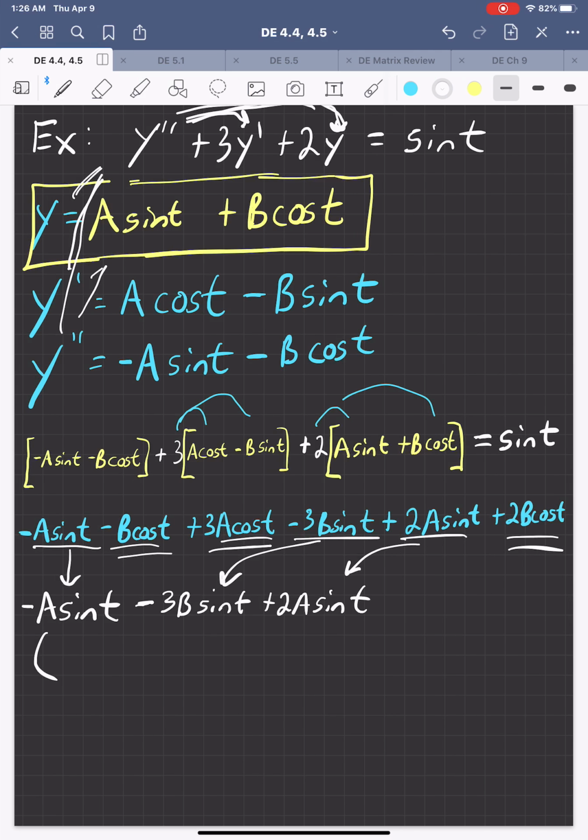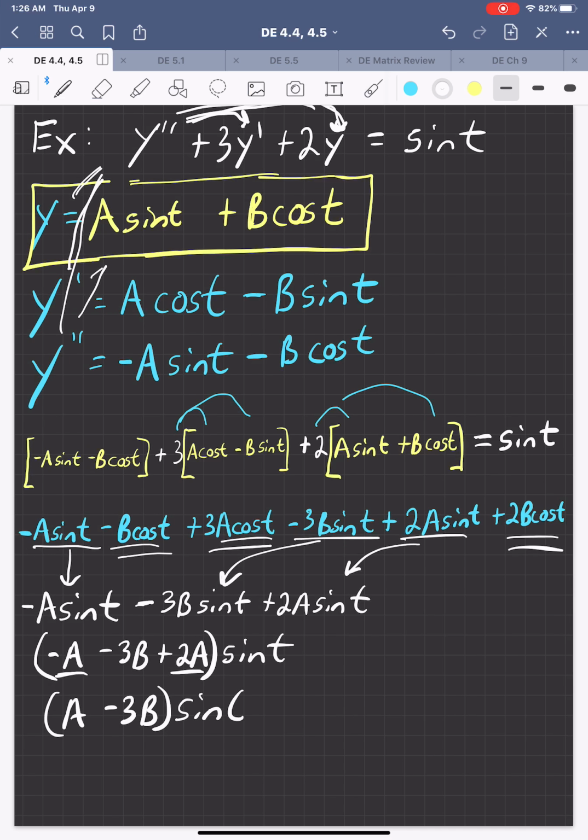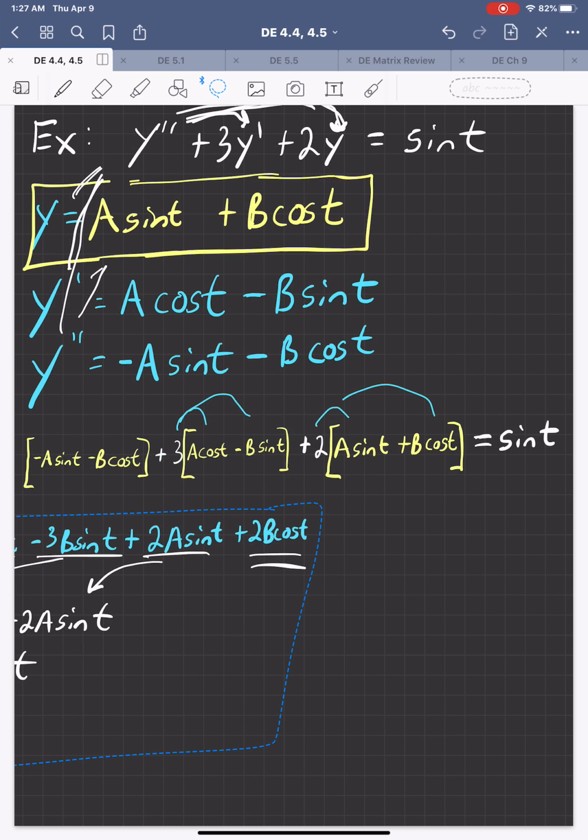This would be negative a minus 3b plus 2a, and then of course I factored out a sine, so that would be sine of t. Now I can combine a positive 2a and the negative a such that I get a minus 3b sine of t. We're on to something. Let me give myself a fresh page here.